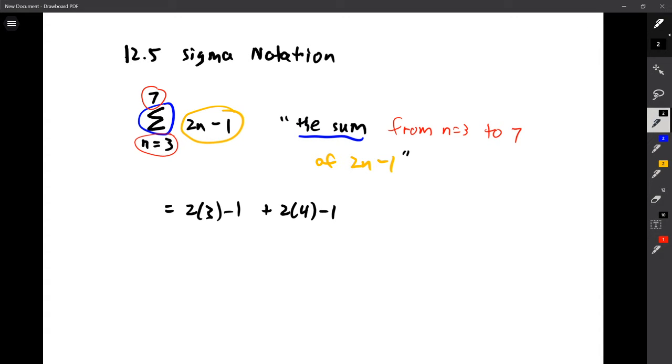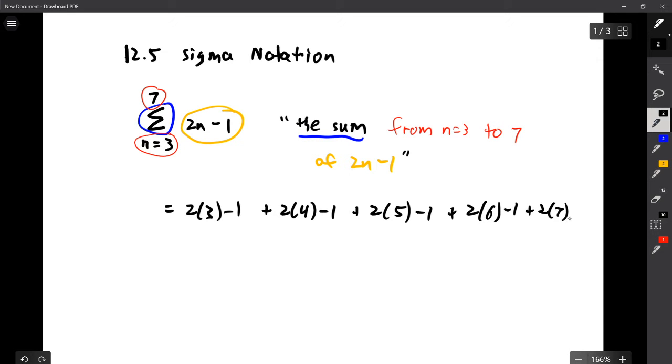Next, we're plugging 5 in for n, so that'd be plus 2 times 5 minus 1, plus 2 times 6 minus 1, plus 2 times 7 minus 1. So what do we get? We get 6 minus 1 is 5, plus 7, plus 9, plus 11, plus 13.